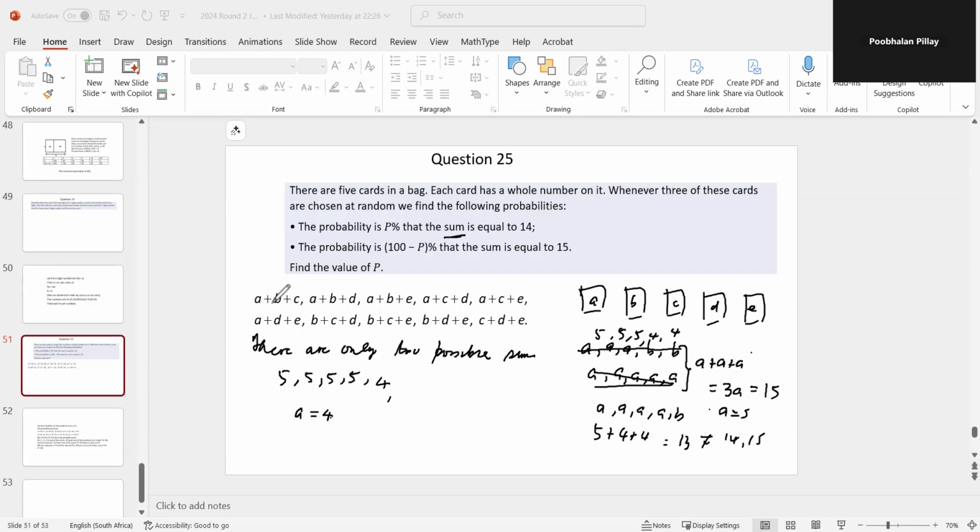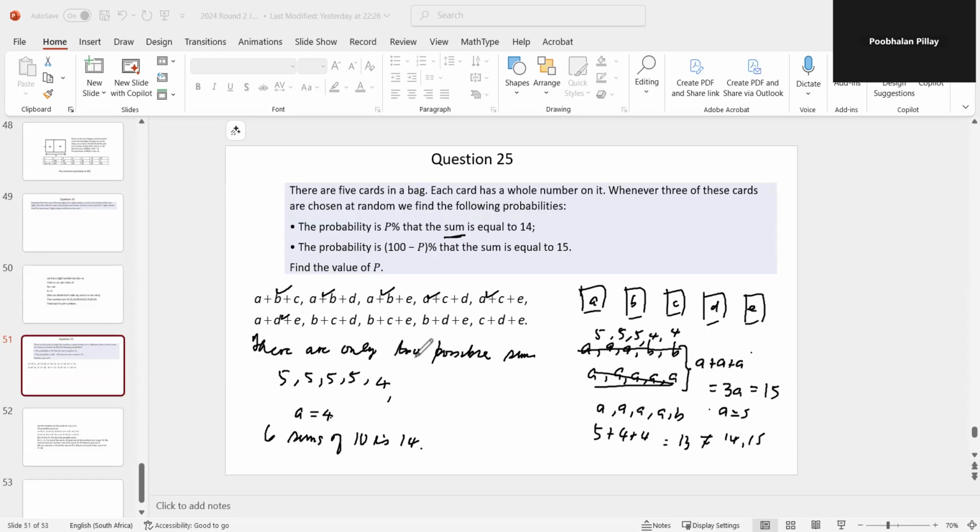So you have an A here, you have an A here, you have an A here, an A here, you have an A here, you have an A here, right? So you got 4 and the others will have to be 5. So there are 6 of them, which gives you 14. Right? No A's in the other case. So 6 of the sums will be 14.